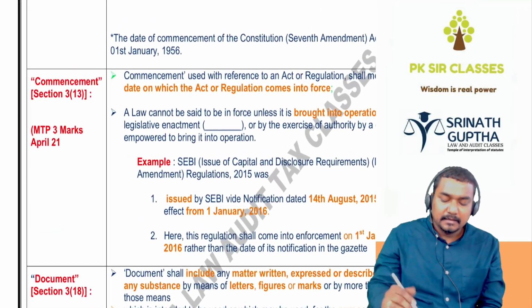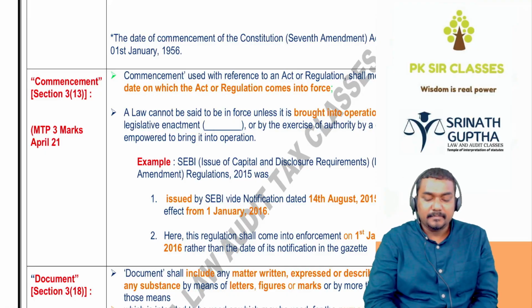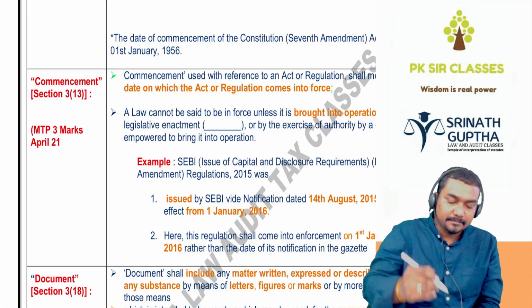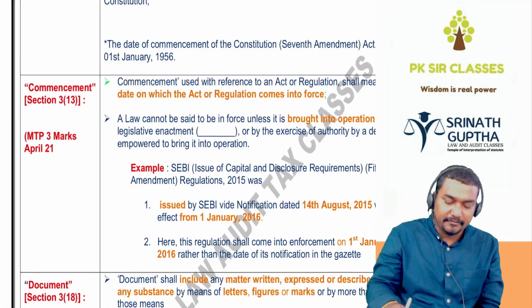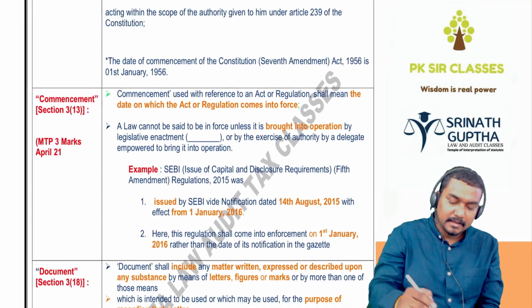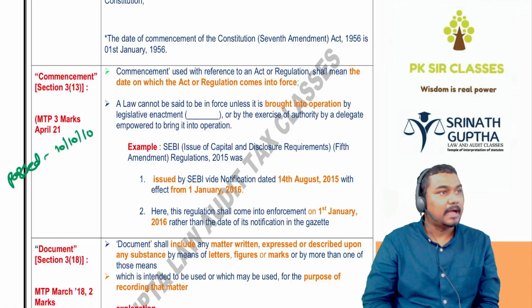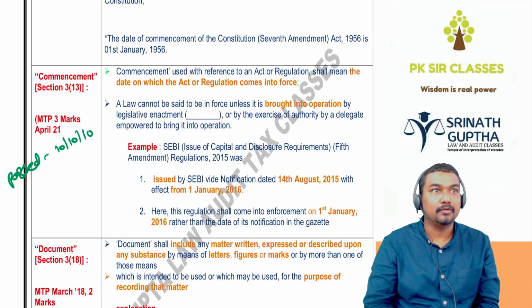Next, this was asked once in the exam for 2 marks, 3 marks, beta. April 21, commencement. What is it, beta? Commencement. If an Act is passed in the Parliament of India on 10/10/2010, the Act is deemed to be commencing from that date only.